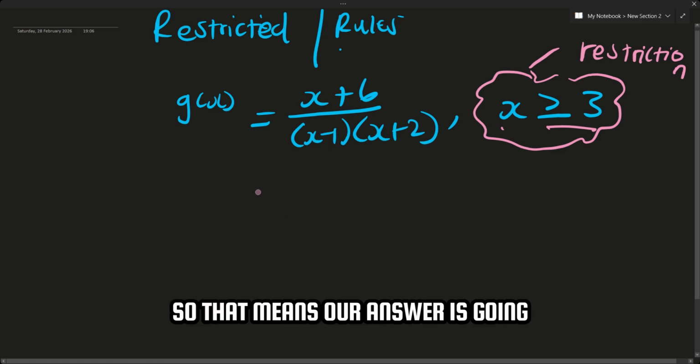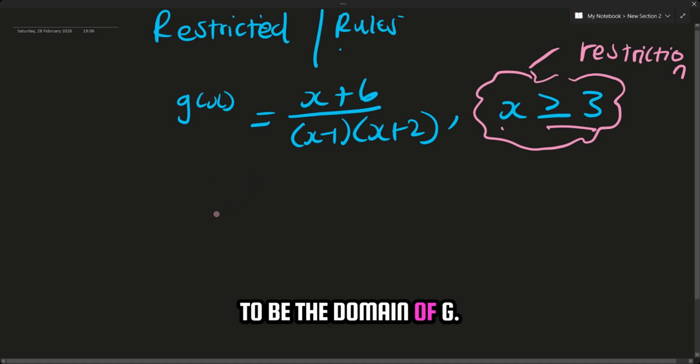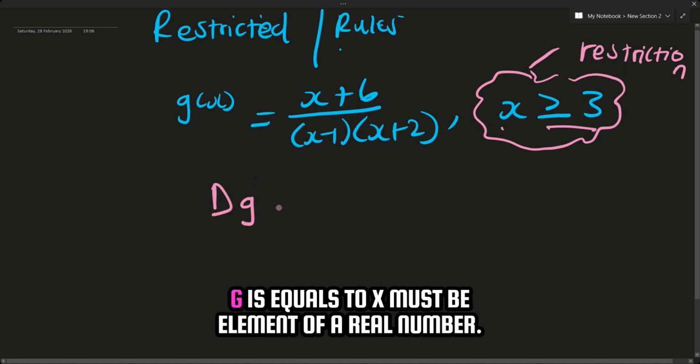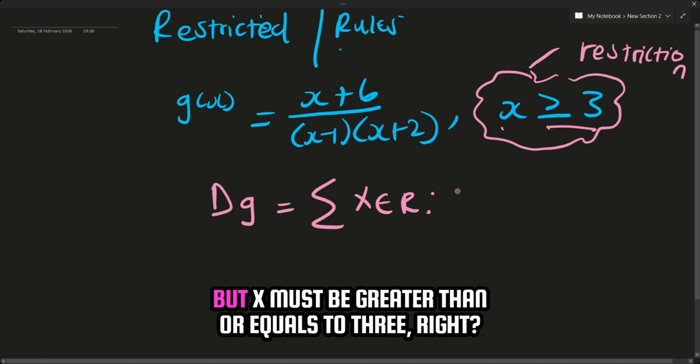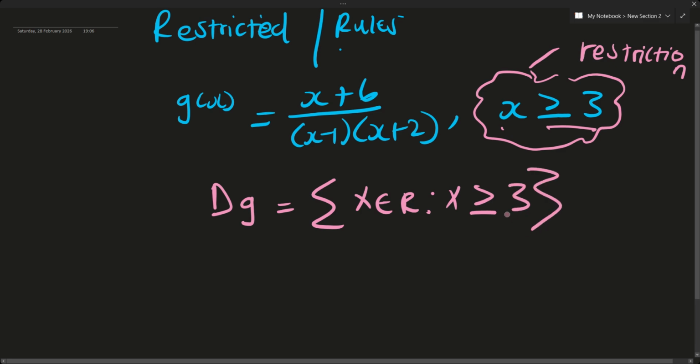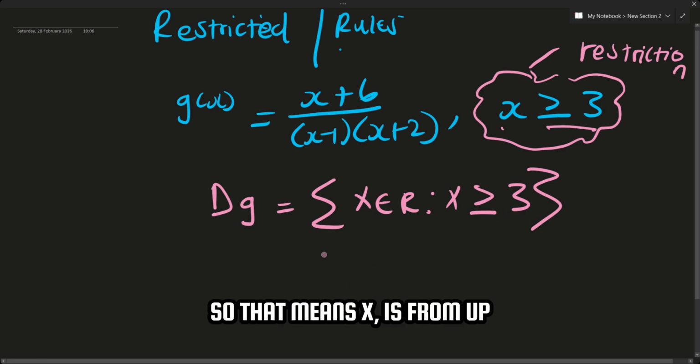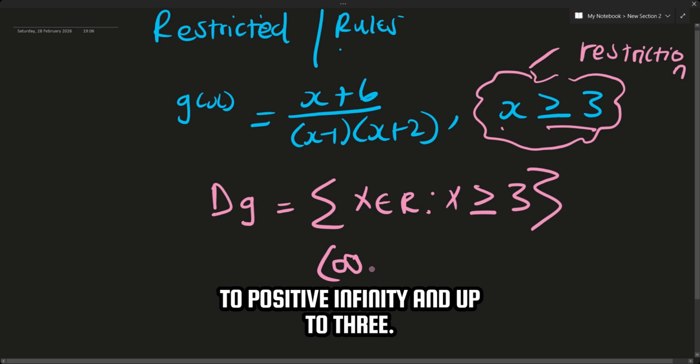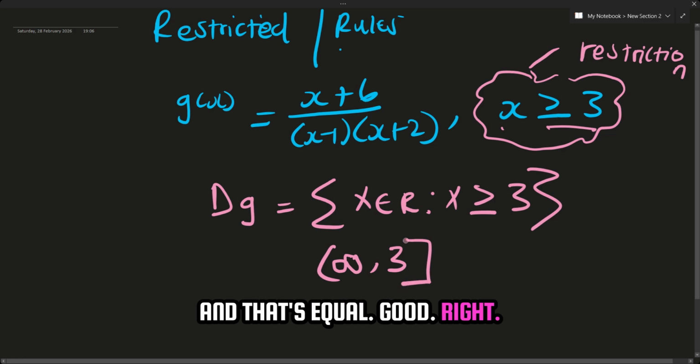So that means our answer is going to be the domain of g is equals to x must be an element of the real numbers, but x must be greater than or equals to 3, right? That means x is from 3 up to positive infinity, and 3 is included, right?